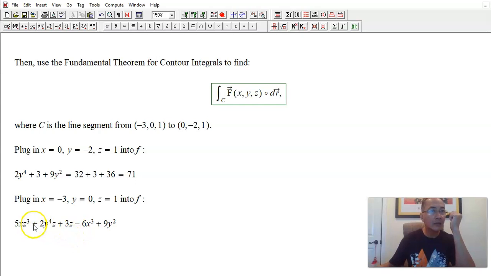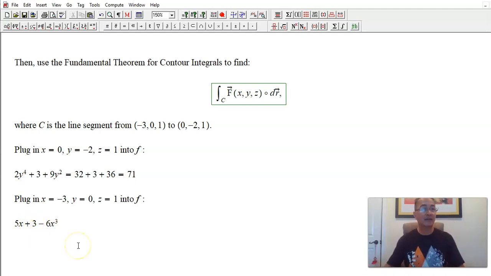Where else is y 0? Goodbye and goodbye. There you go. Those are all gone. And z is 1, so that's gone, and that's gone. This is the kind of arithmetic that's fun, right?